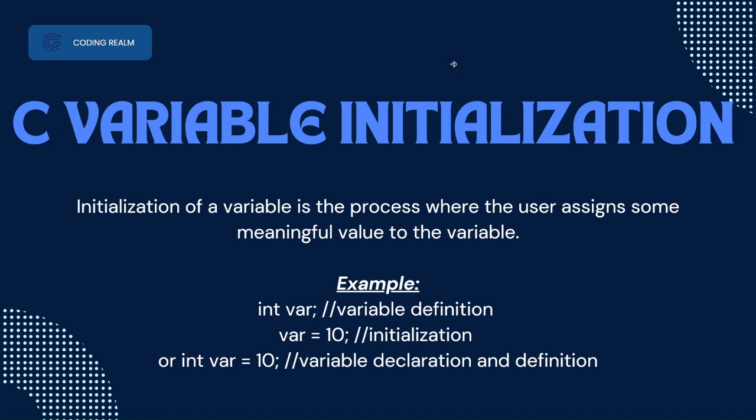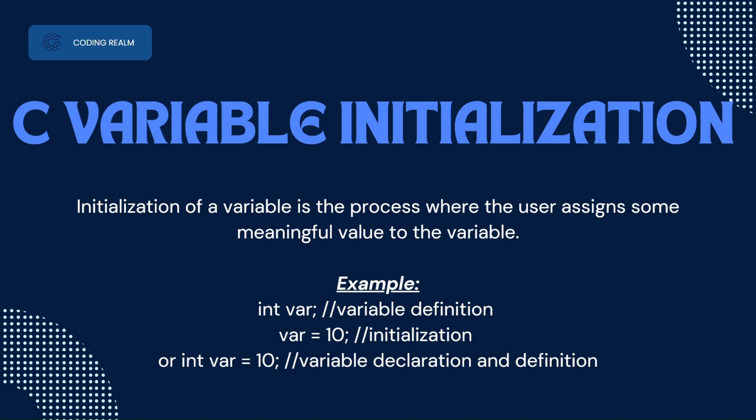Now let's talk about the C variable initialization. Initialization of a variable is the process where the user assigns some meaningful value to the variable. For example, int var is a variable definition. var equal 10 is the initialization.